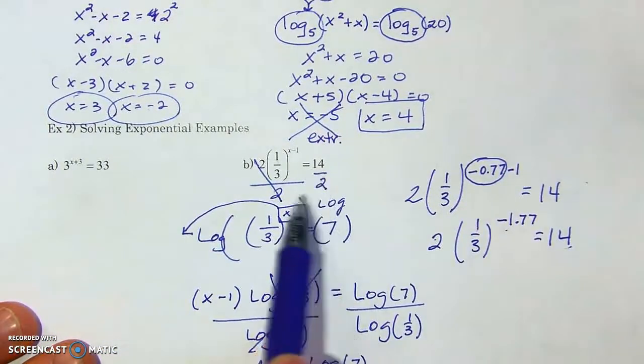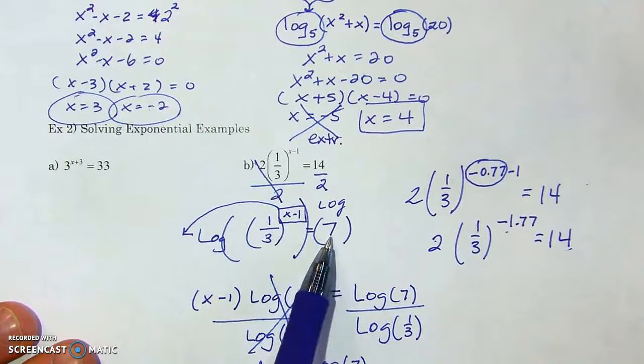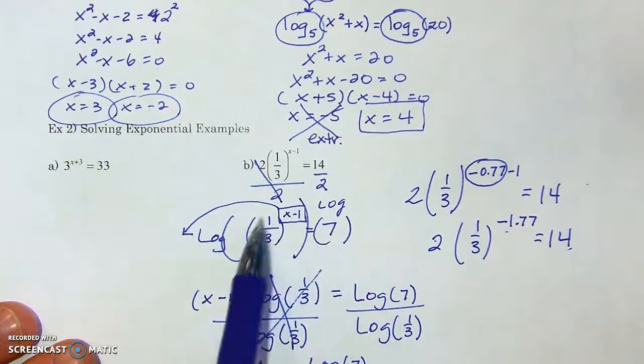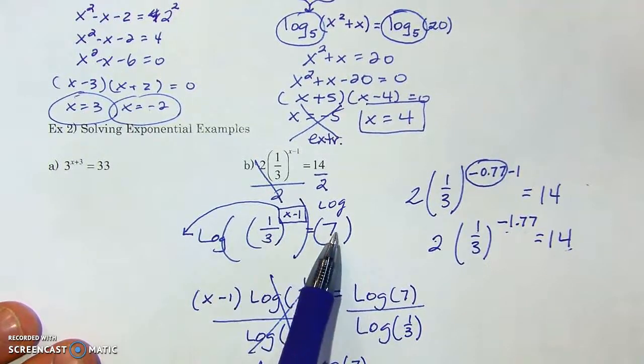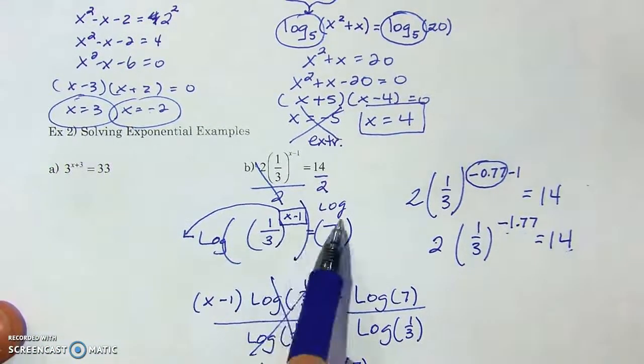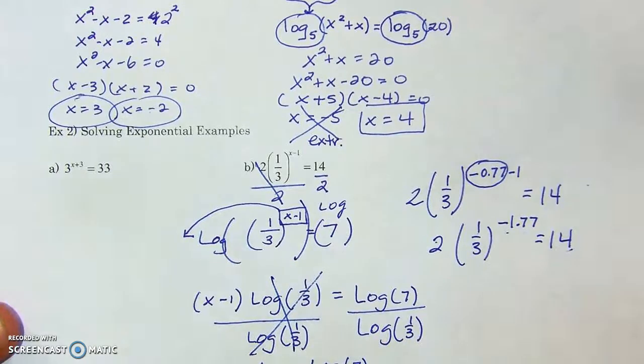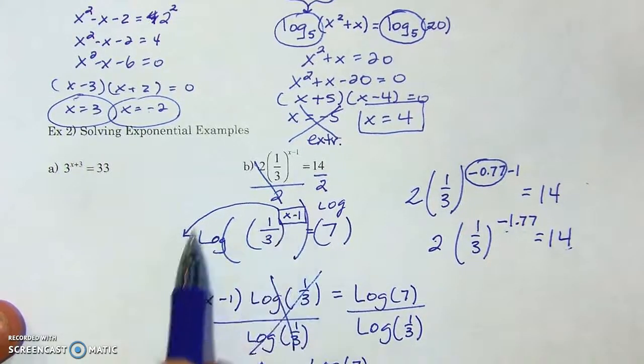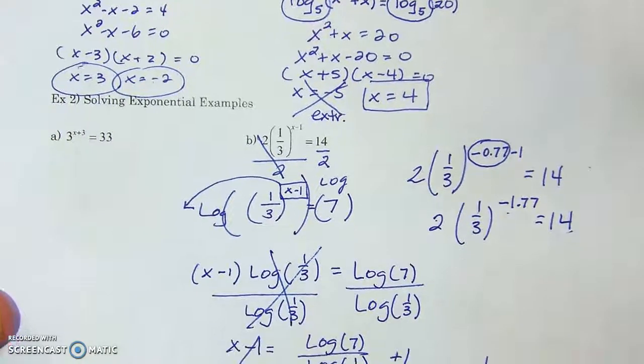If we have exponentials, where we can't get the same base on both sides, like I can't write 7 in terms of 1/3. 7 isn't like 1/3 to some power that's easily accessible, where then you could set the exponents together. When that's the case, let's take the log of both sides. That way our exponent will come down as a constant. And the rest is just algebra.